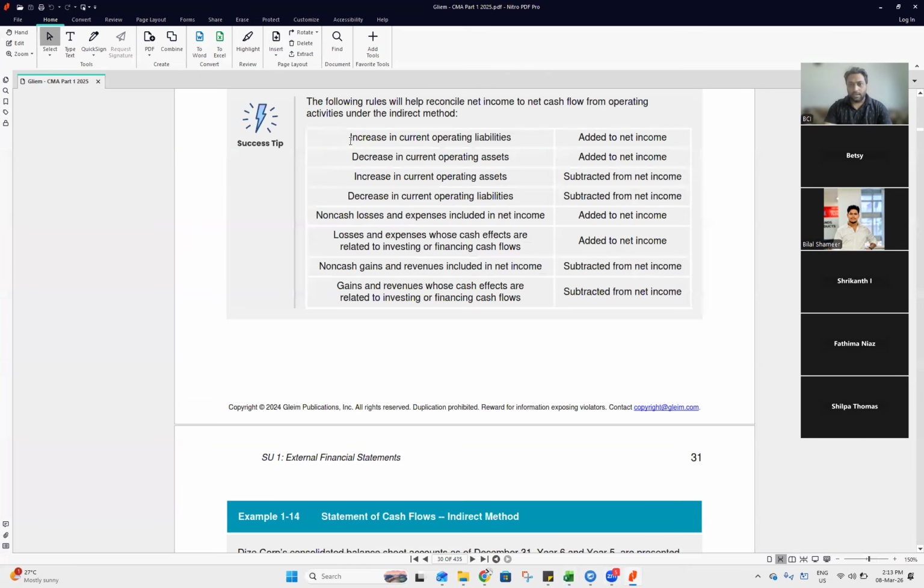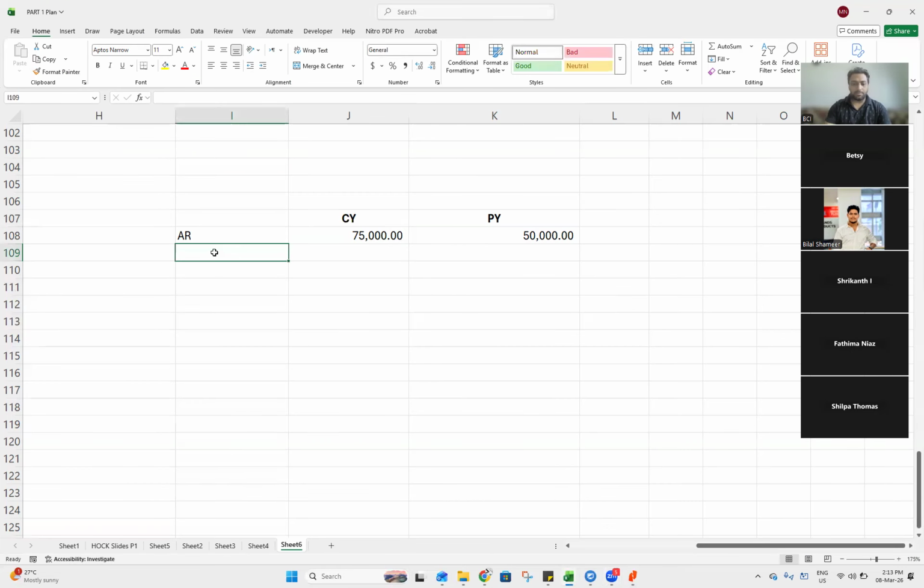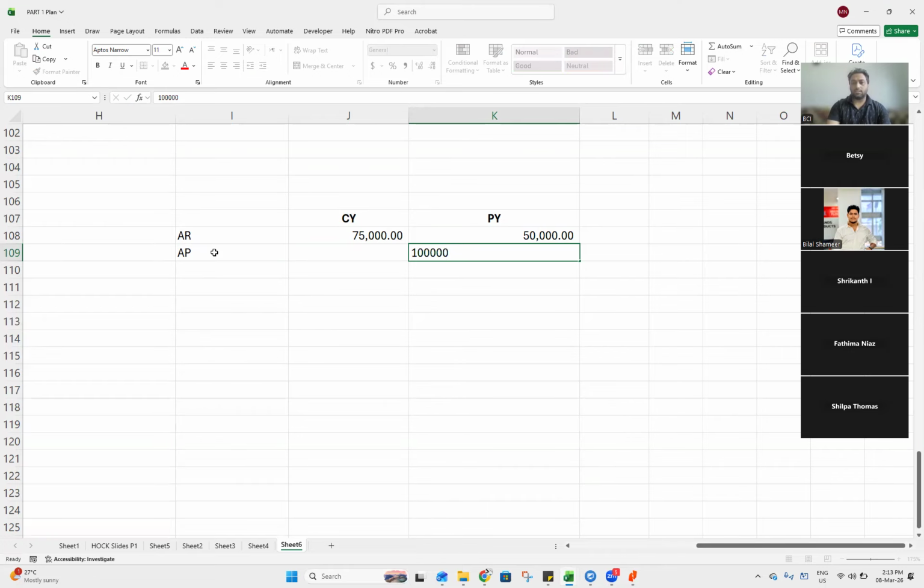So that's an increase in operating current assets. What do you have to do? Subtract from the net income. Clear? Then the same way, if you talk about AP, last year it was 100,000, and this year it is 50,000. What does it mean?